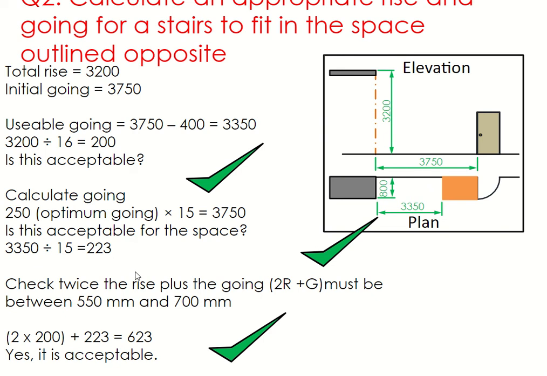To get your final measurement for the overall pitch line, you have to check twice the rise plus the going. Again, it needs to be between 550 and 700, and the answer you get there is 623, which is between 550 and 700, so it is acceptable.